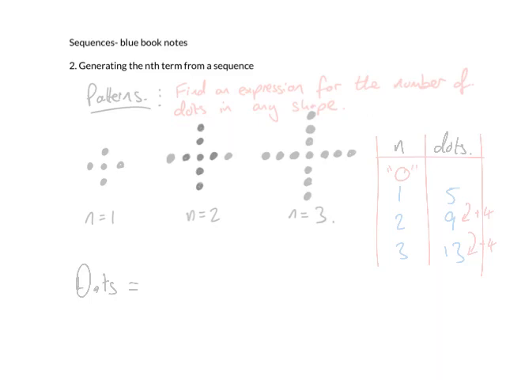And the 0th term, the number before 5, would be the number 1. So 4n plus 1. So for any shape or any pattern number n, we can figure out how many dots we have.